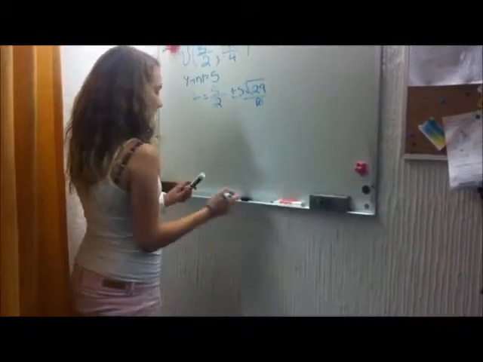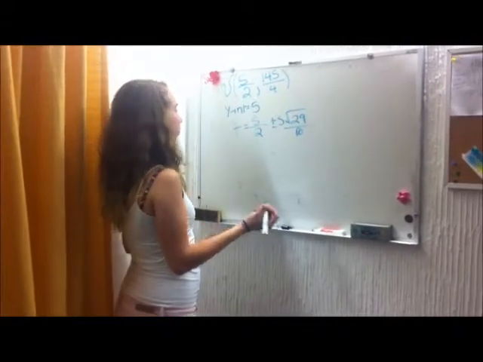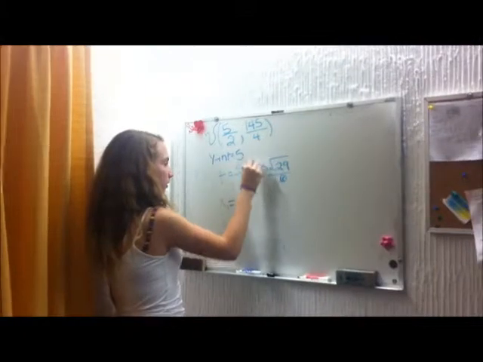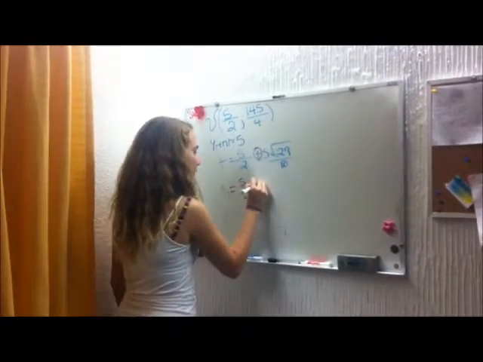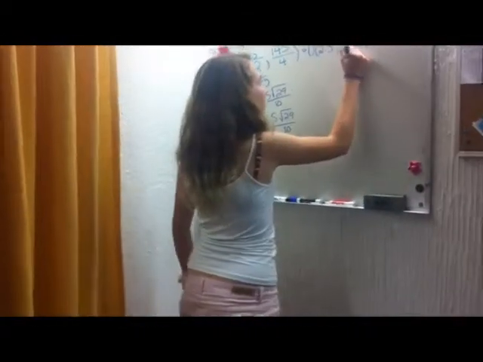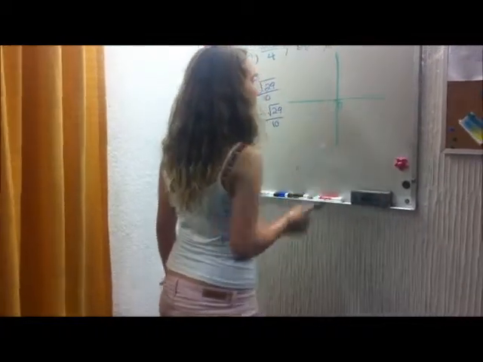How to do it? Well, we've got 2 x-intercepts. The first one is taking only the plus sign, so it is 5 halves plus 5 times the square root of 29. Graph it. We have something like this. This is 0, okay?